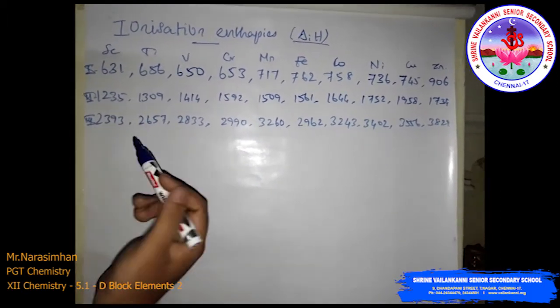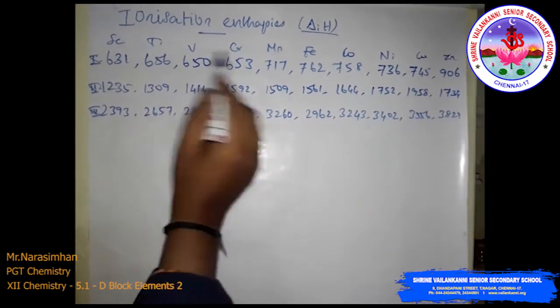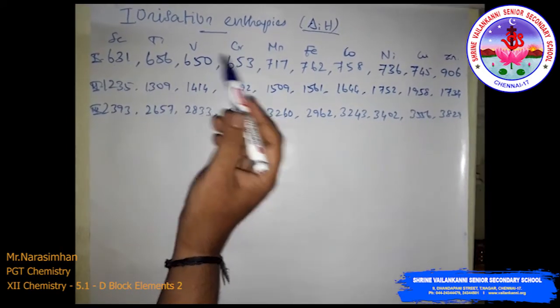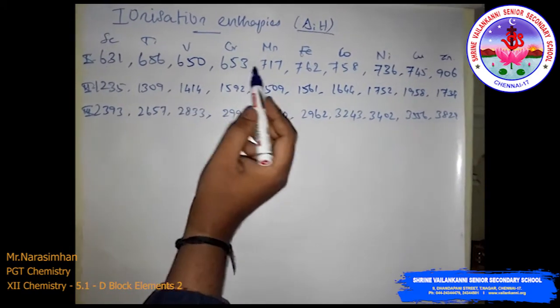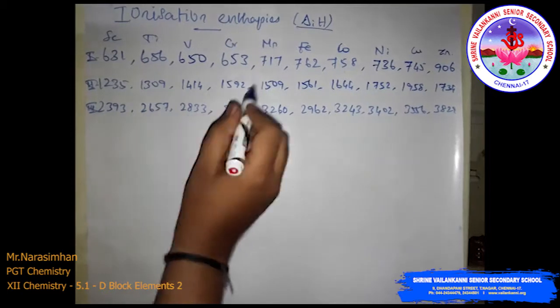This is due to the relative energies of the 3d and 4s orbitals, so that the irregular trends occur.